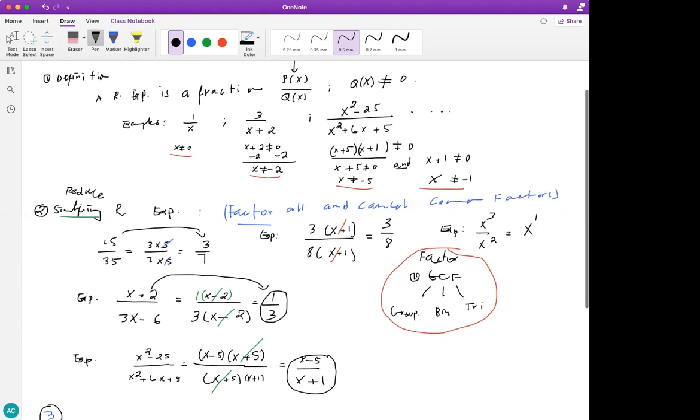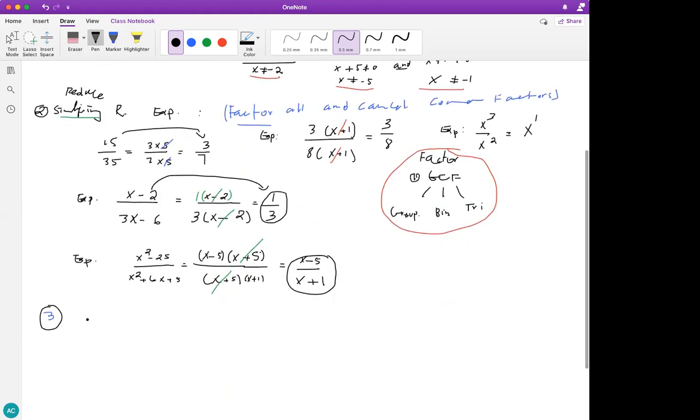Let's see how to use that to multiply. So, multiplying rational expressions.